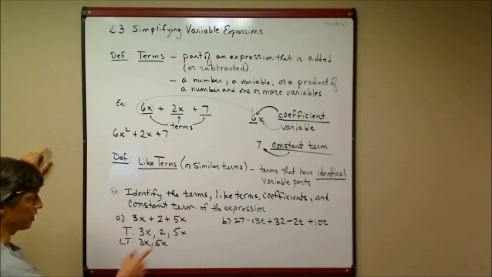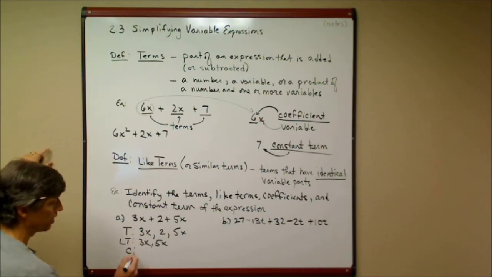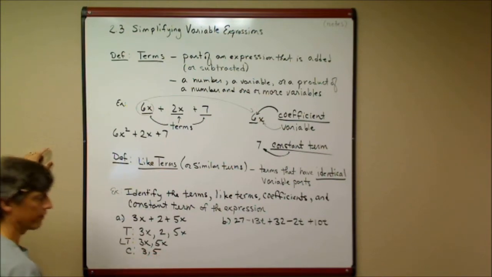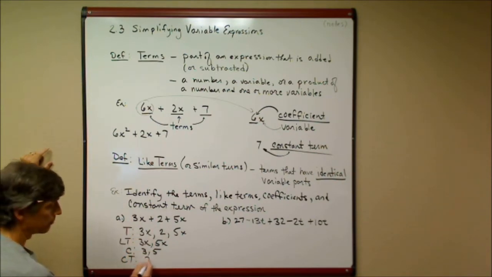The coefficients, well, that would go back to the terms that have the variables. This doesn't have a variable, so it's not a coefficient. The coefficients would be the numbers that are times the variable, so that would be 3 and 5. And then the constant term is 2.